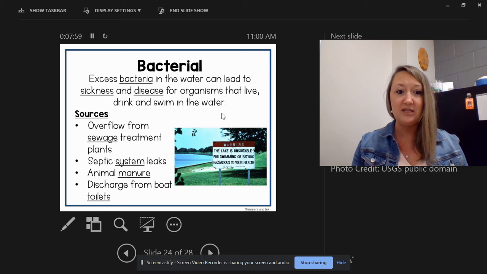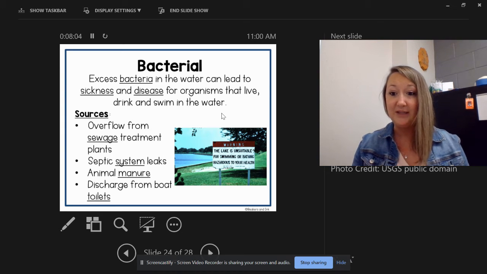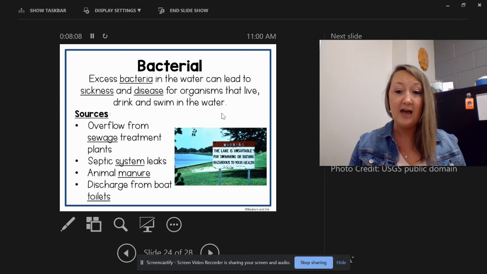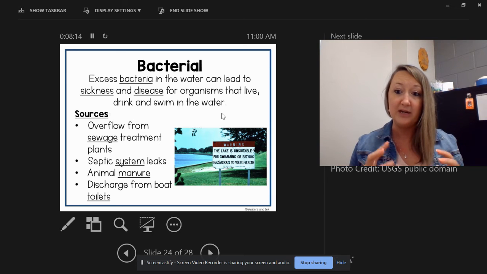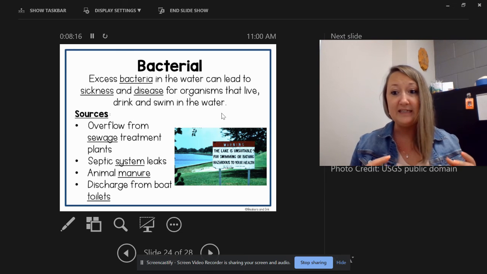And so the sources of this can be overflow from sewage treatment facilities, septic system leaks. A lot of people who live farther out in more rural areas have septic systems, tanks that kind of store solid waste and use bacteria to break that waste down. Well, if that leaks into the ground, it can cause groundwater contamination, right?